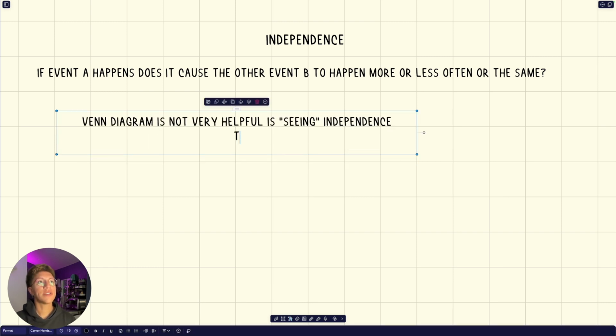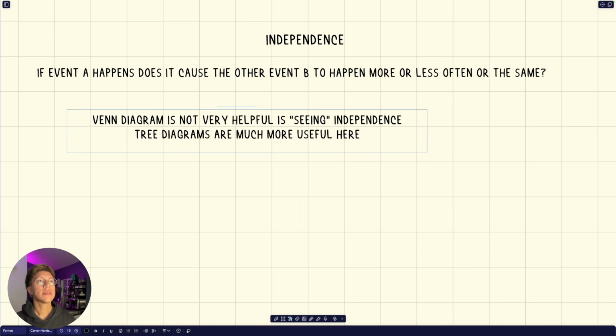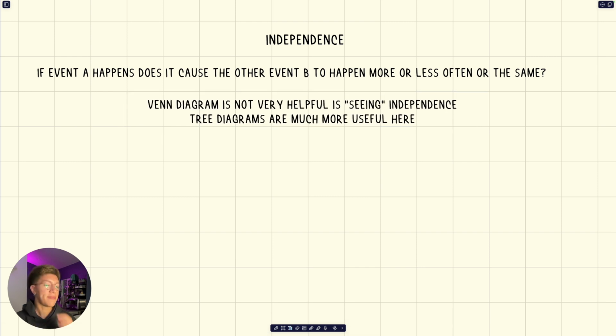And we can also say that tree diagrams are much more useful here. So we'll kind of set this one aside. The reason why Venn diagrams are not great for seeing this is because Venn diagrams are not to scale. So that's kind of why this is so unhelpful.